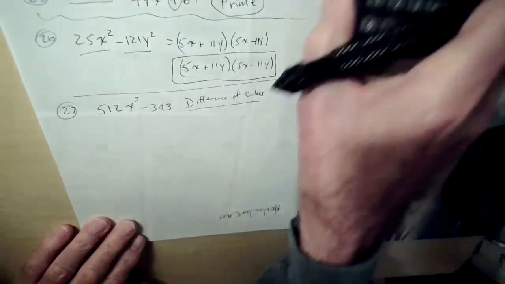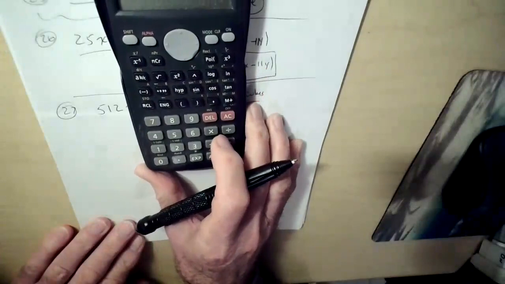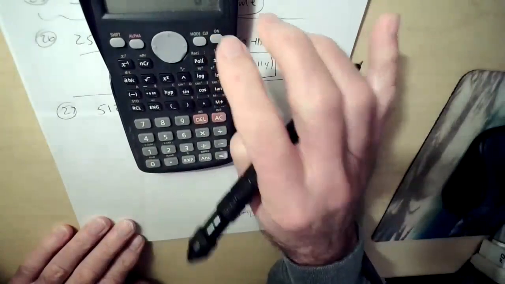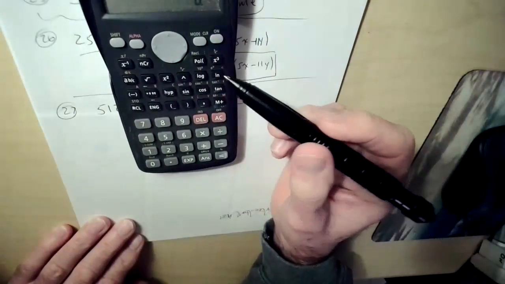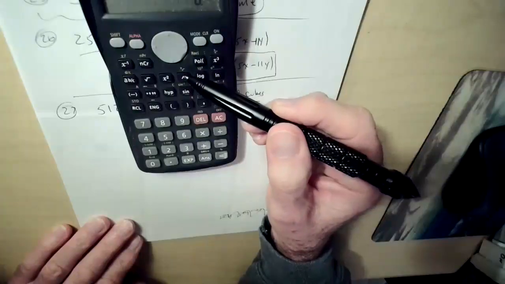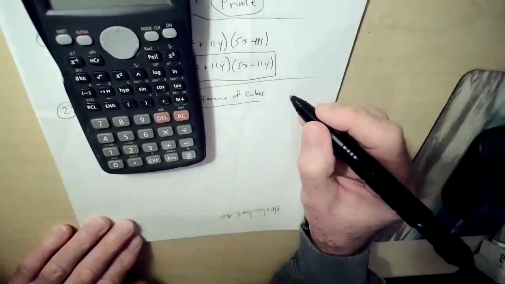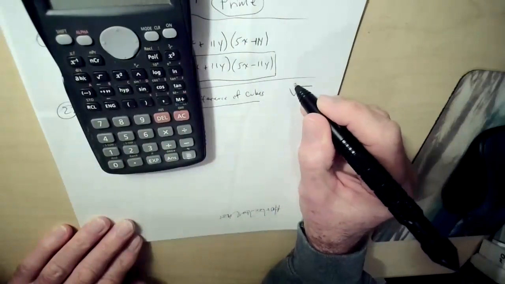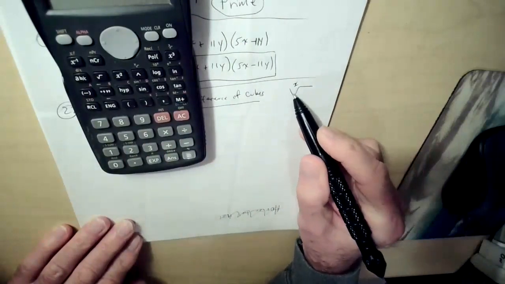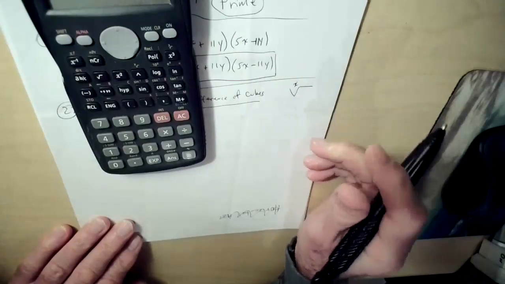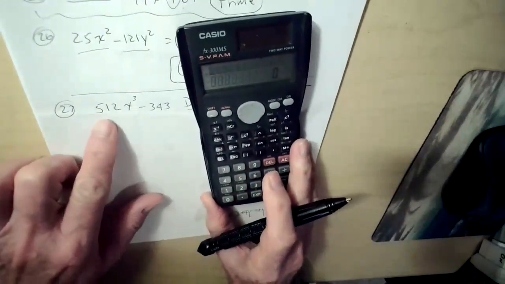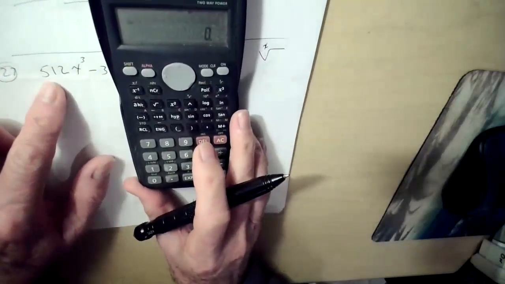If you have a calculator, you should have somewhere on there, if you look up above the little caret, it has the cube root symbol.